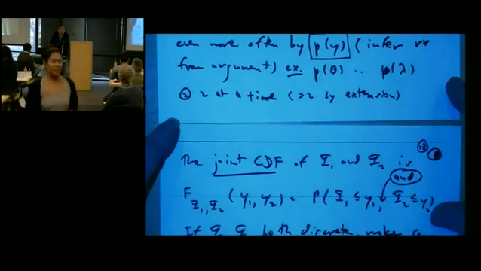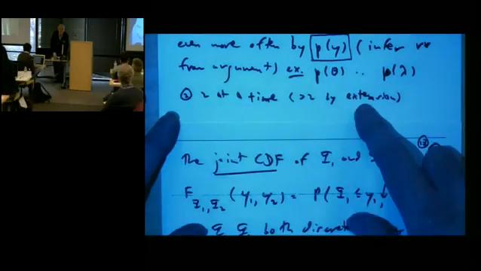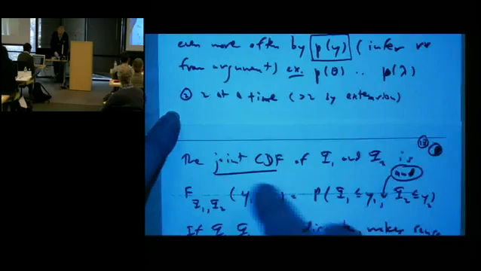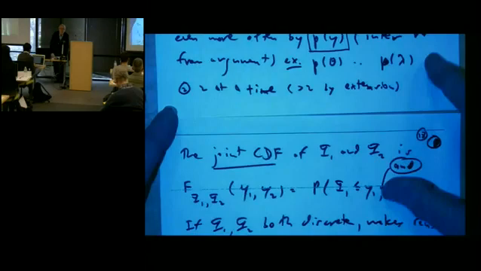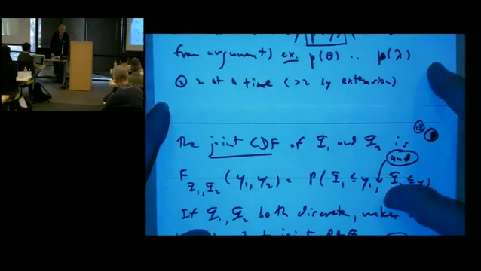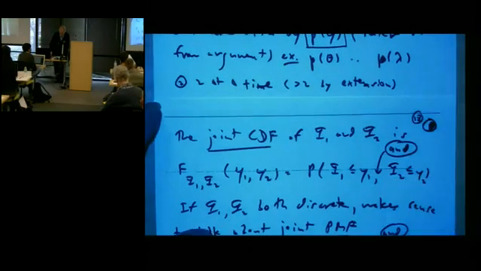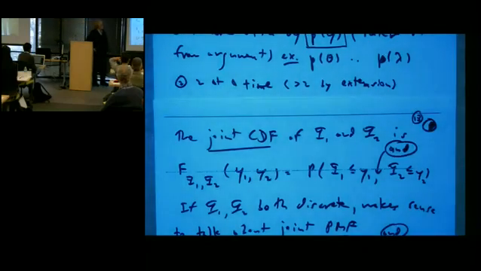So I'll tell the story about random variables two at a time, and then the same story works for more than two at a time as well. So now it gets notationally more cumbersome, and there are some new ideas. The fundamental operation on two random variables at a time, let's call them capital Y1 and capital Y2, is what's called the joint cumulative distribution function of the two of them.